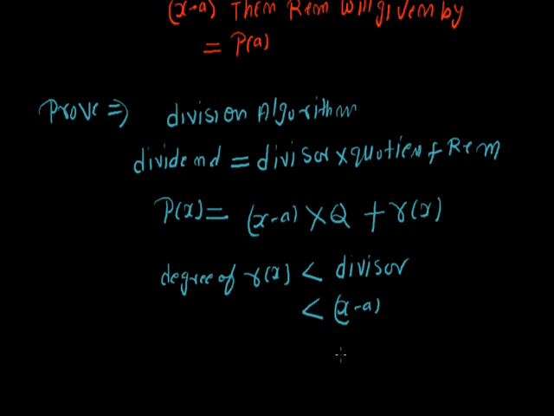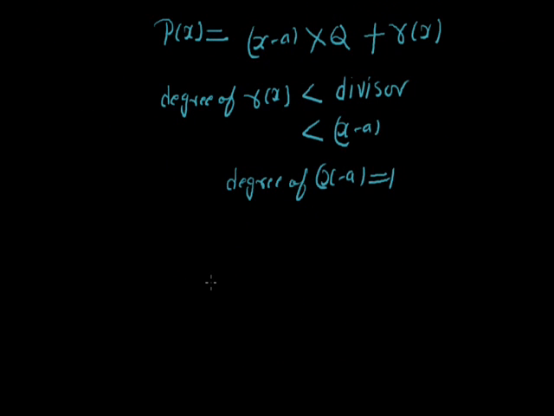The highest power of x is 1, so the degree of x minus a is equal to 1. Since the degree of r(x) is less than that of the divisor, the degree of r(x) is 0, or we can say r(x) is a constant.